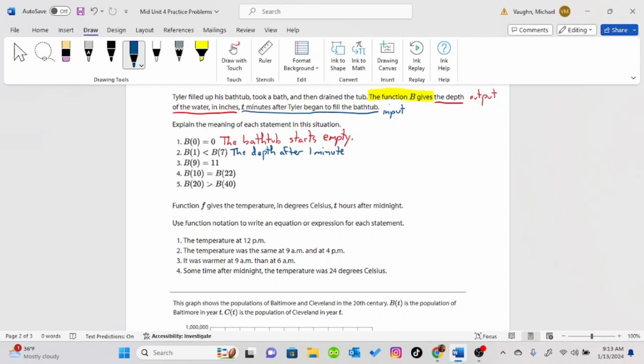Is less than the depth at 7 minutes, because this 7 is an input and the input is minutes after.